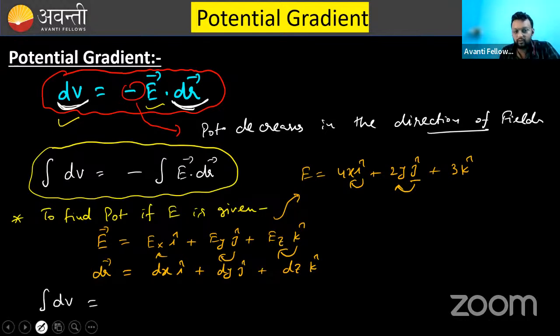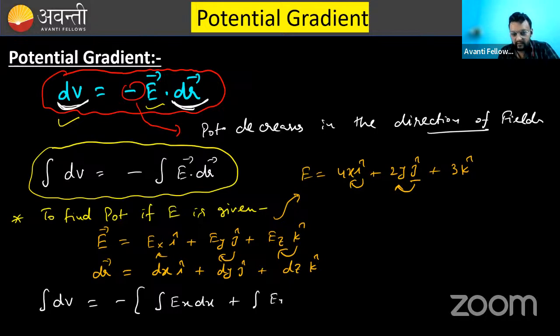It will be dV is equal to minus, if I put this value of E and dr, then it will become Ex dx plus Ey dy plus Ez dz. This is how you can calculate the potential.